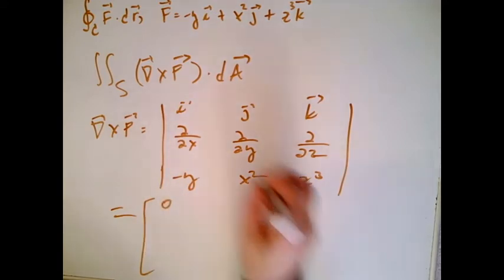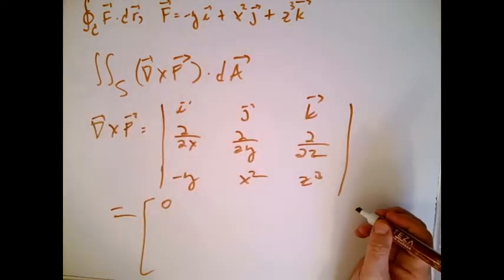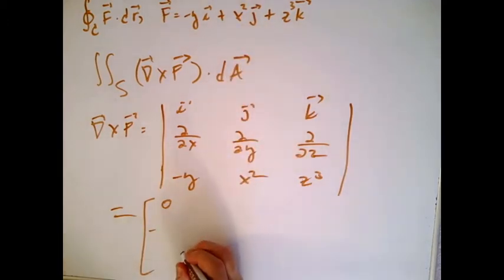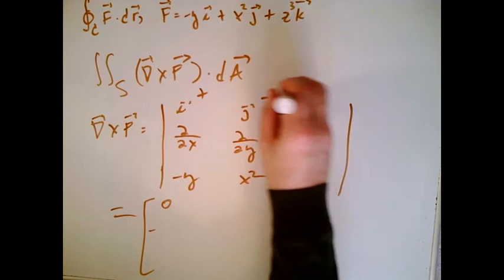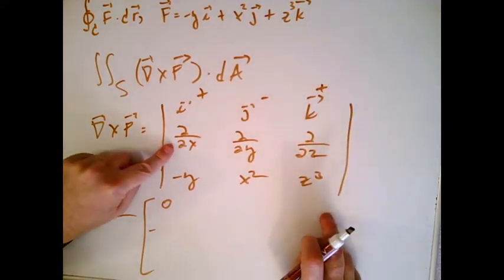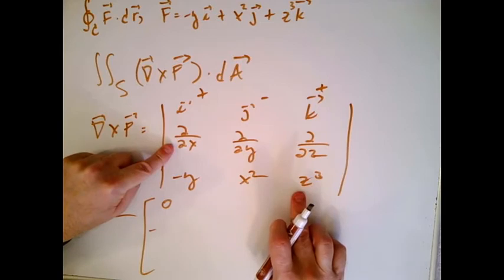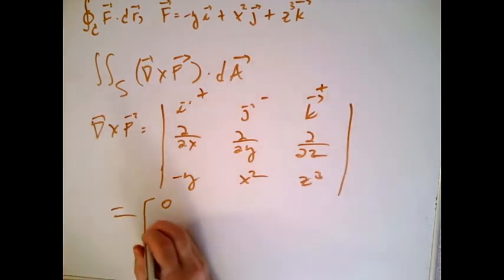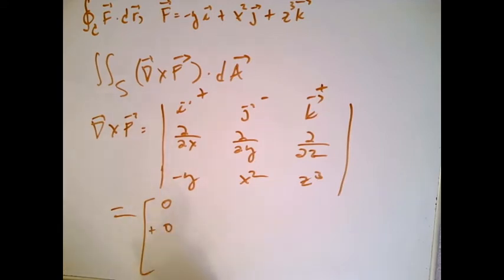All right, then I cross off the j row, cross off the j column, put a minus, because that's what we're supposed to do, right? Plus, minus, plus. And what am I going to get? I'm going to get the partial with respect to x of z cubed, again that's 0, minus the partial with respect to z of minus y, that's again 0. I don't care about that being minus anymore.